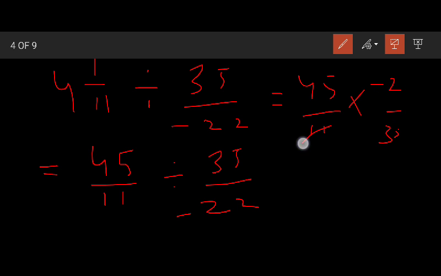So 11 1 is 11, 11 2 is 22, 5 7s are 35, 5 9s are 45.